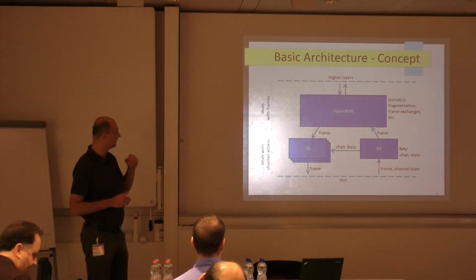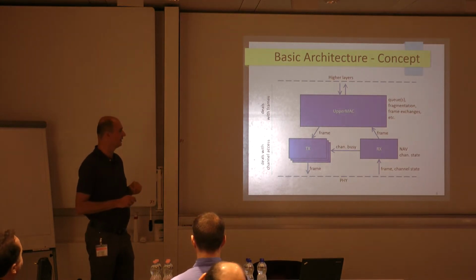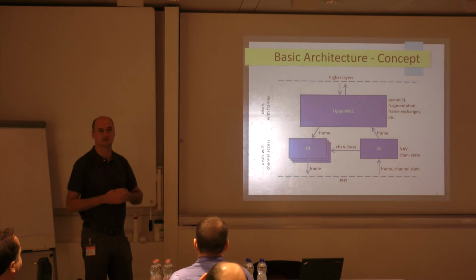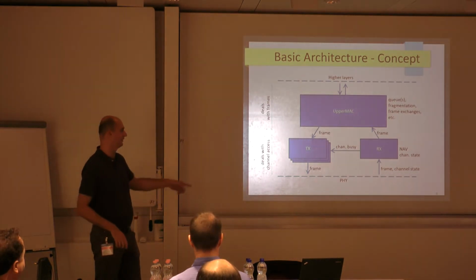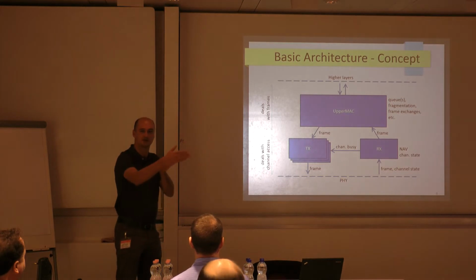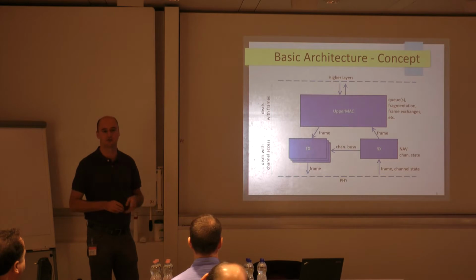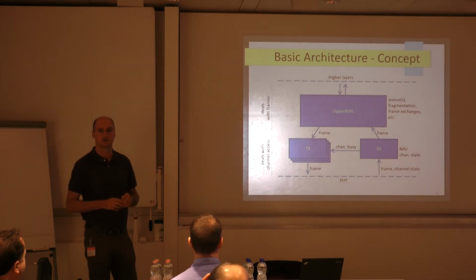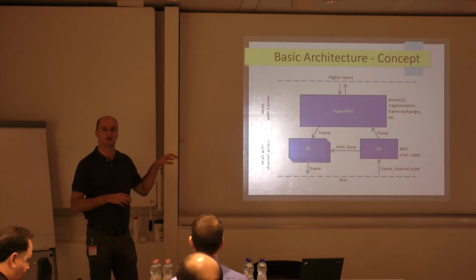Otherwise, all the things can be replaced in here. If you want to play with a different transmission algorithm, not the interframe space backoff stuff, then you can replace the transmit block, or replace the receive block with something else which does some modified things, as long as you keep the contract.